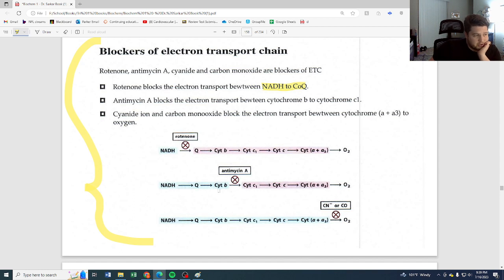So that's within what complex? It's within complex 3. And then the cyanide ion and carbon monoxide block the electron transport between cytochrome a and a3 and oxygen, so it stops it right there.